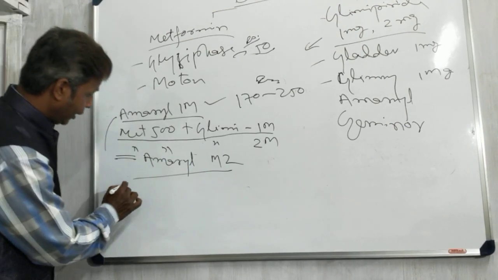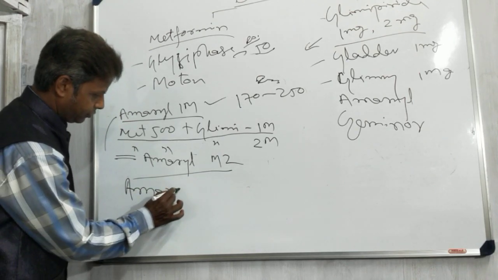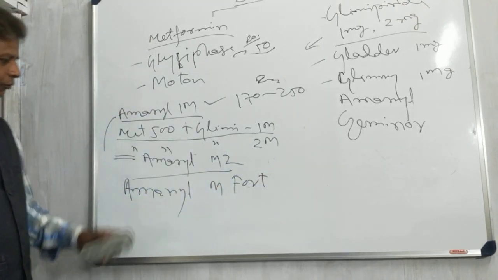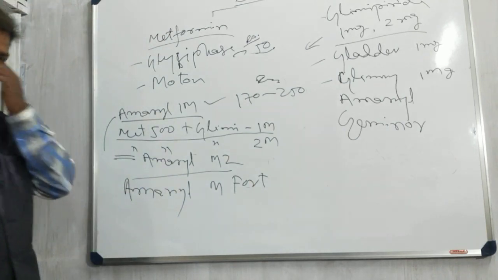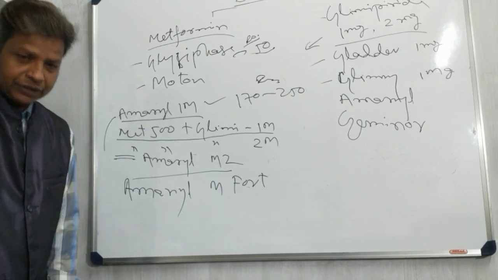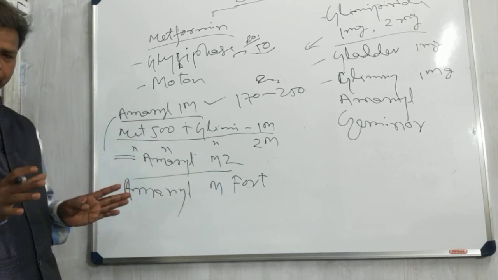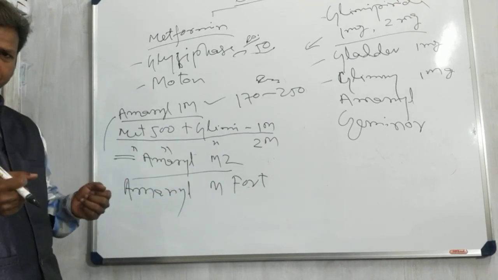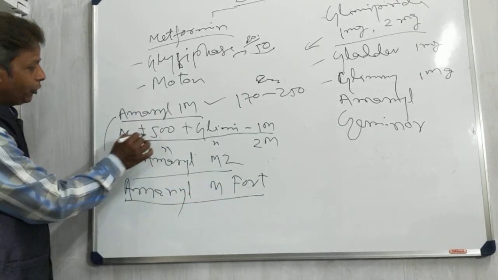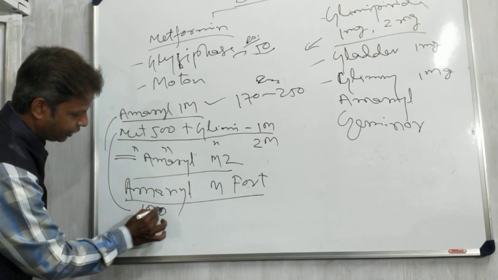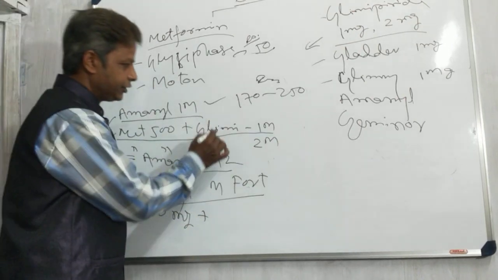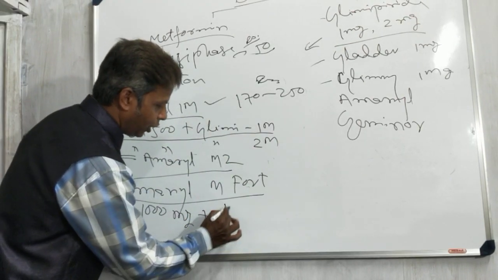Another medicine is Amaryl M4. What is this? You will take this if you are suffering from very severe weakness, your legs are very weak, you cannot work, you cannot maintain any physical work. Then you come to this point, Amaryl M4. That means metformin 1000 mg plus glimepiride 1 mg.